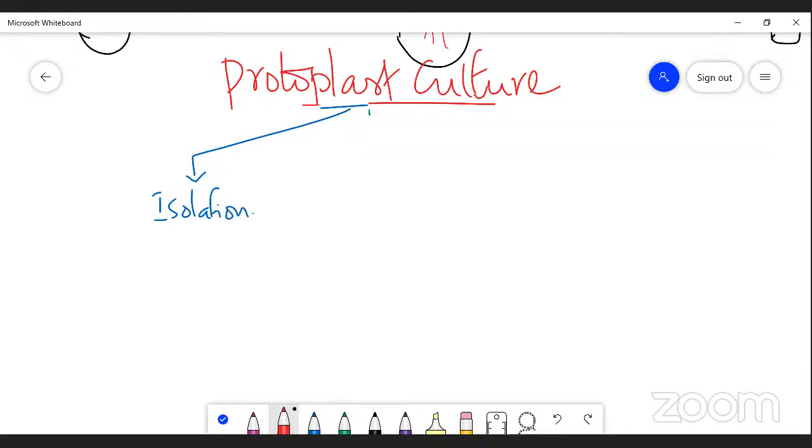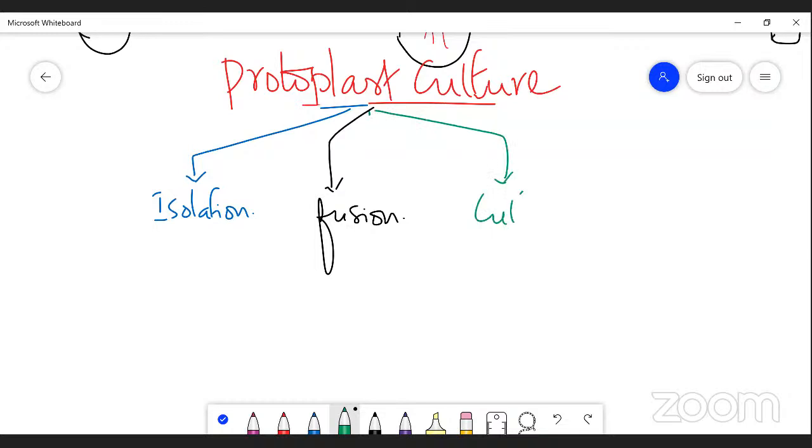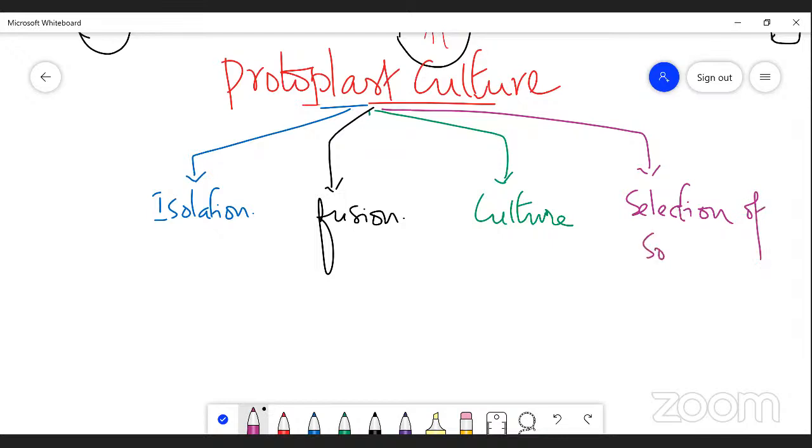The second step is fusion. The third step is culture. The fourth step is selection of somatic hybrid.